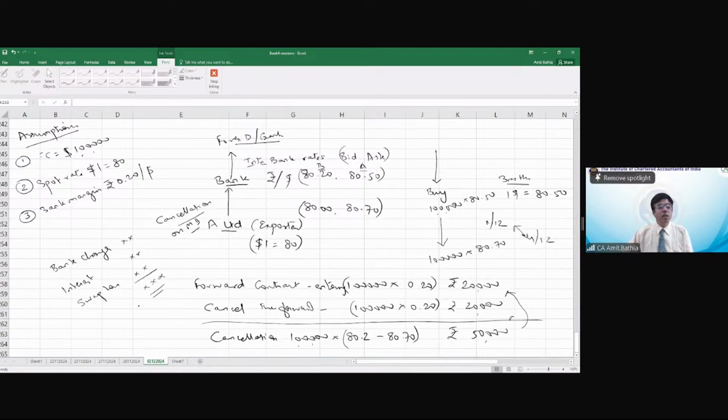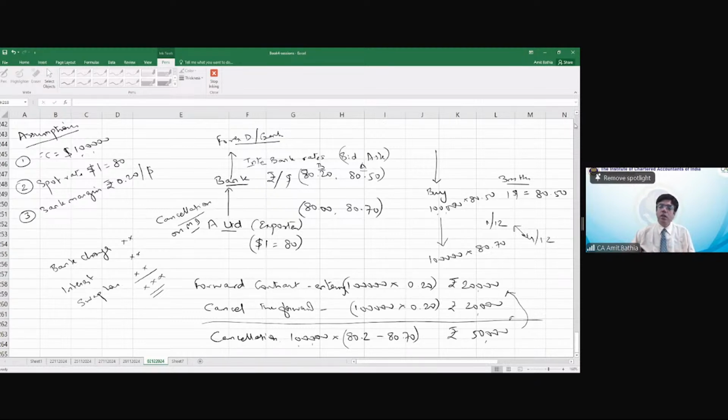So bank will essentially charge you all these three things. Plus any fixed charges, if any, which are levied by the bank, 100 rupees, 500 rupees, whatever, any nominal fixed charges, then that will also have to be paid by the customer. Are you with me? We are talking about only cancellation right now. Is everyone getting this? Yes, sir. Okay. All right.